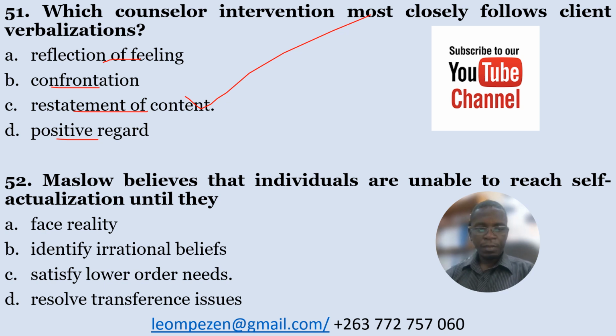Number 52. Maslow believes that individuals are unable to reach self-actualization until they A, face reality, B, identify irrational beliefs, C, satisfy lower order needs, D, resolve transference issues. The correct answer here is C.